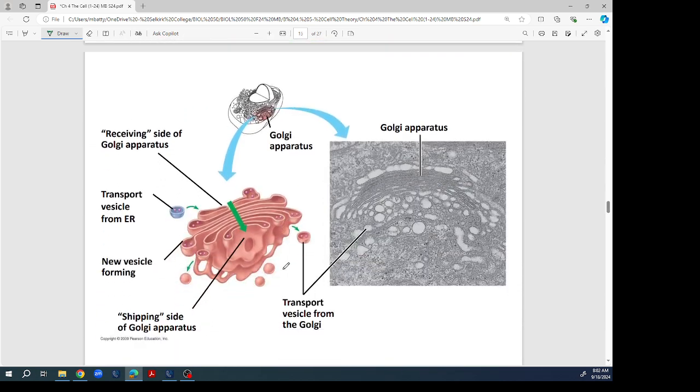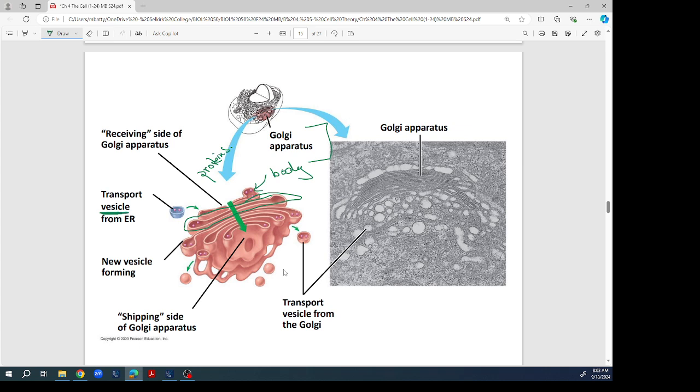So if we were to take a look at this Golgi apparatus, and then one single Golgi body, that's like the whole lobe, one piece of the bread in the stack here. Proteins are going to go in one side, they're going to get processed, and then they're going to be packaged into vesicles.